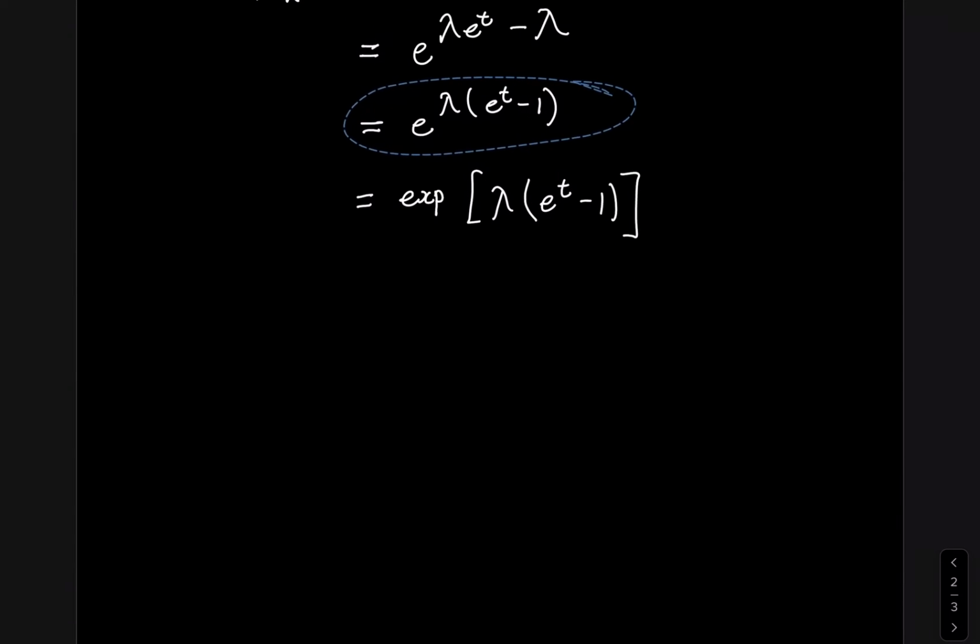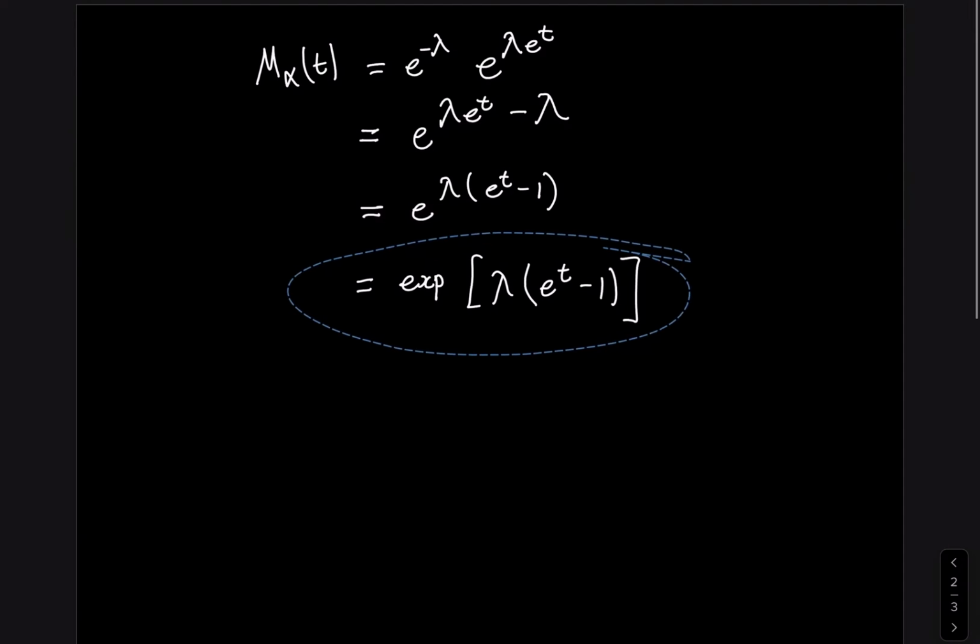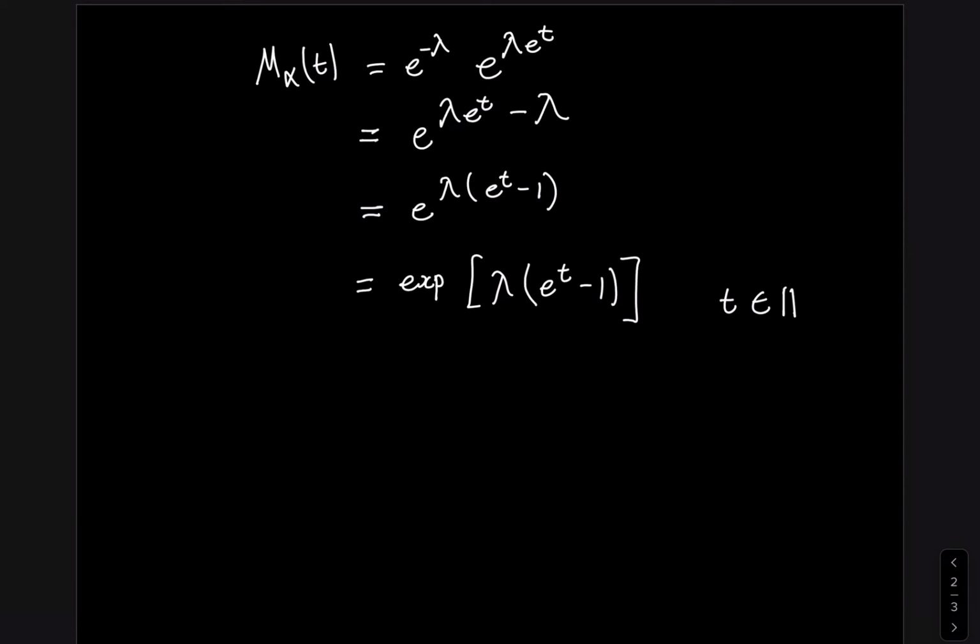So now that we've derived the moment generating function, before I go on, I should point out that this moment generating function is true for all values of t. So we could point out here, t is an element of R. There are no restrictions on t for this to be true.